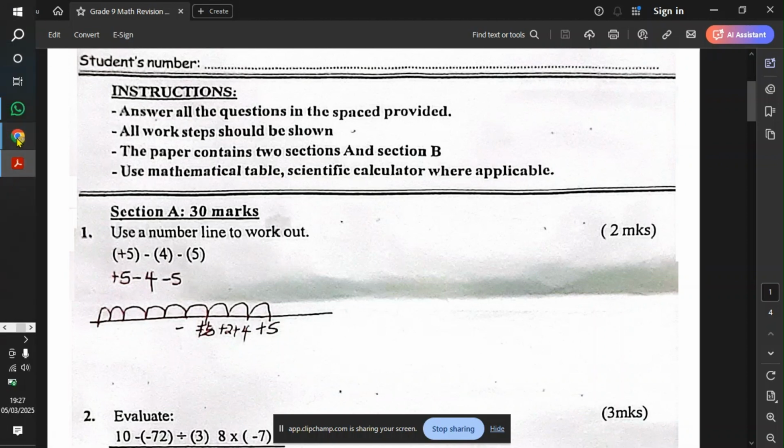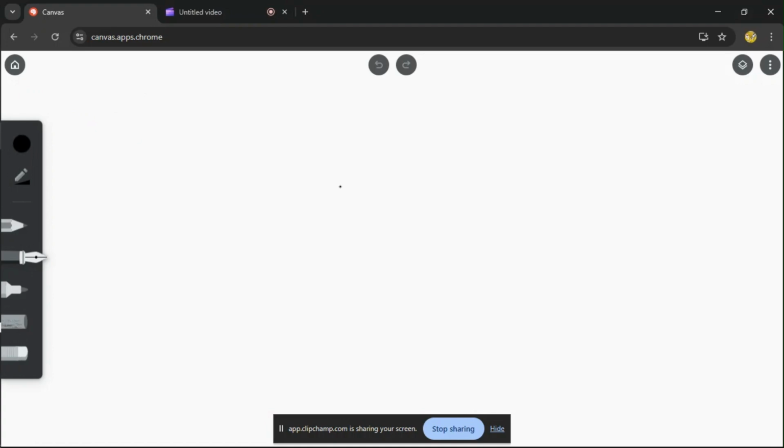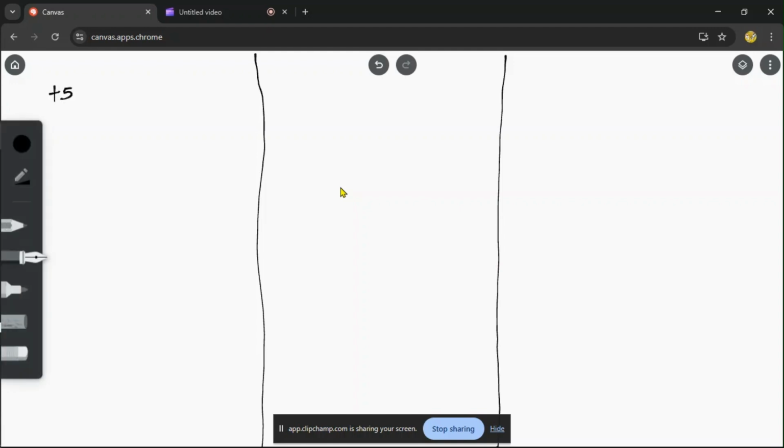So I'll go to my working space, and the question is, we want to use a number line to be able to solve that. So let me rule my space like that. Then we have plus 5 into bracket minus 4, then minus 5.